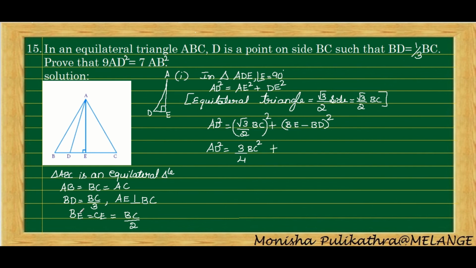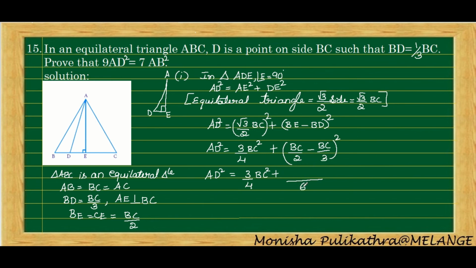What is BE here? BE and CE is equal to BC by 2, right? So BE is BC by 2 minus BD. BD is also given, that is BC by 3. So BC by 3 whole square. So AD square is equal to 3/4 BC square plus, the LCM of 2 and 3 is 6.